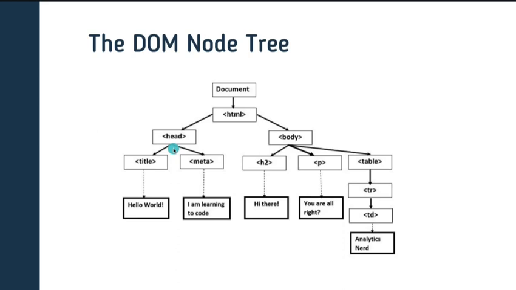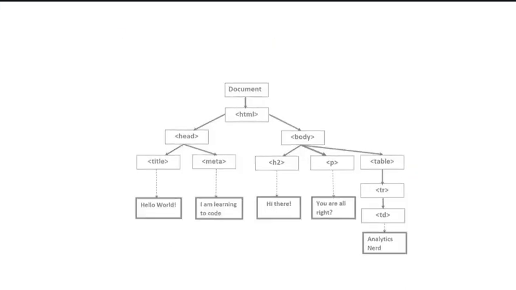And in the head tag, we keep metadata there, such as title, style, script, and so on. And in the body tag, we often have what we want people to see on a browser when they visit our website. And so there we keep information such as headings, paragraphs, tables, forms, lists, and so on.